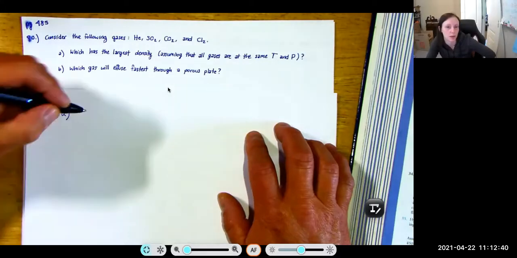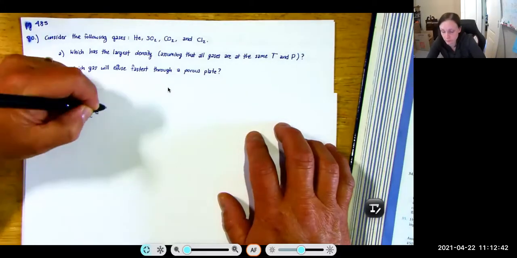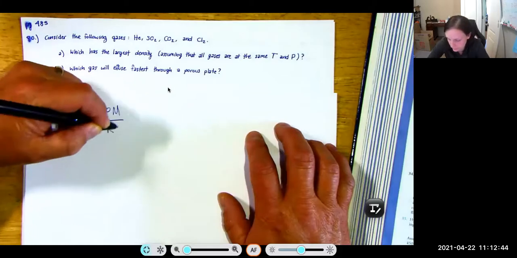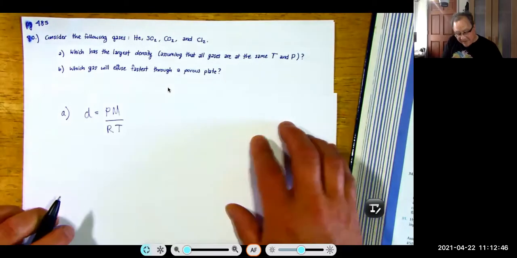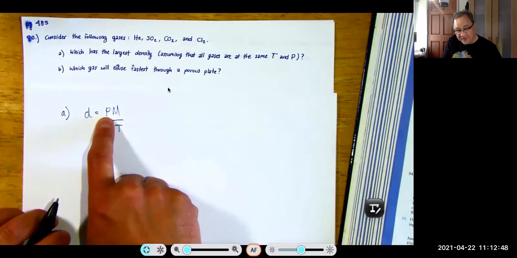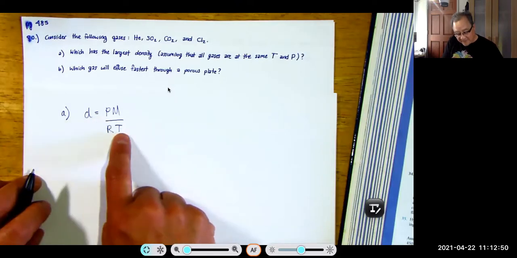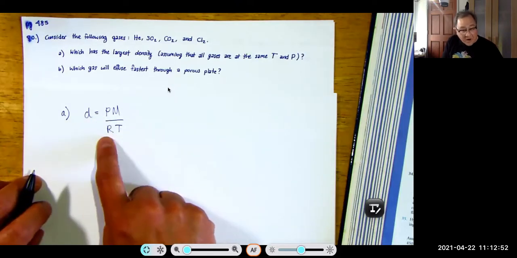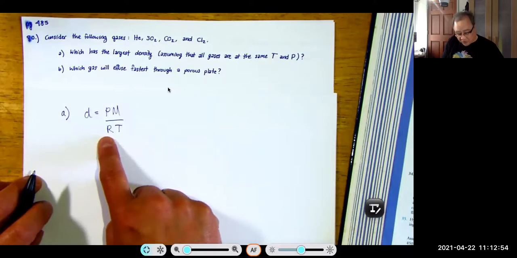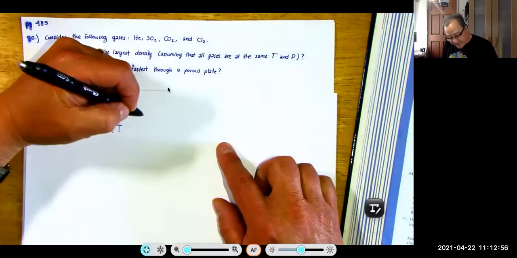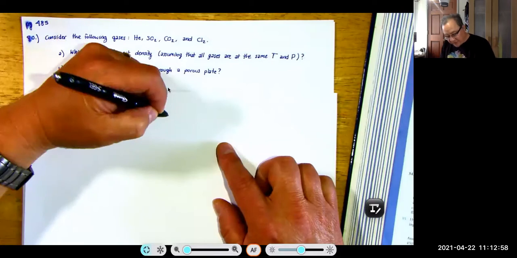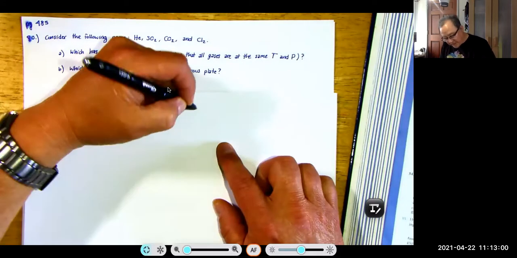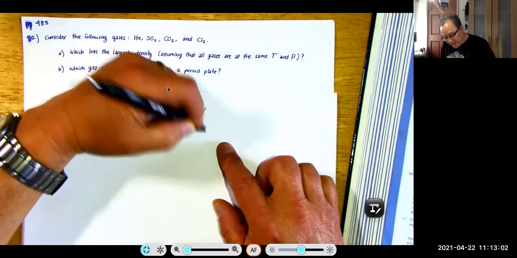D equals PM over RT. Now, they all have the same pressure, they all have the same temp, and they all have the same R, right? Yeah. So couldn't we say, I'm going to rewrite this as D is equal to M times P over RT.